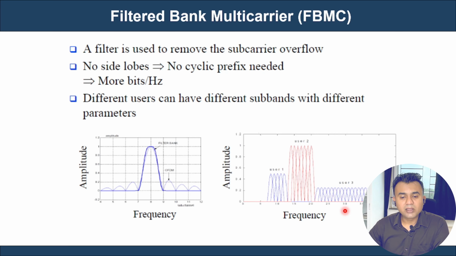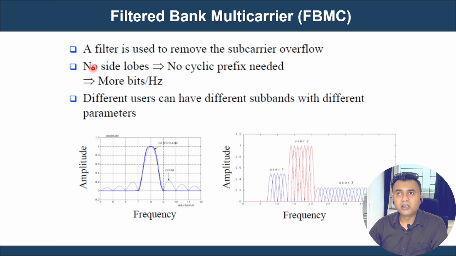There is one more method called filtered bank multicarrier, FBMC. Now, as we have seen in the first problem, there were side lobes. Here you can see these are my bands, right, which were overlapping with other carriers. To overcome that, the simple and innovative solution was to use a filter to remove the subcarrier overflow.